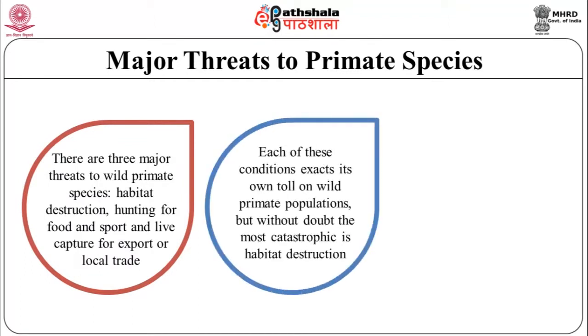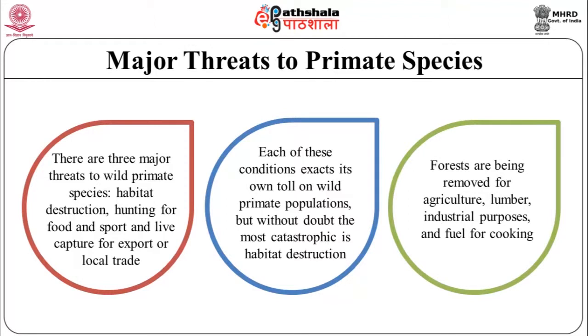Each of these conditions exacts its own toll on wild primate populations, but without doubt, the most catastrophic is habitat destruction. Forests are being removed for agriculture, lumber, industrial purposes, and fuel for cooking.